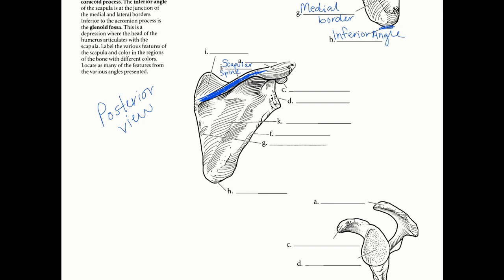All right. So just like our spine is at our back, the scapular spine is also the back of the scapula. The scapular spine is going to follow up into what becomes our acromion process.